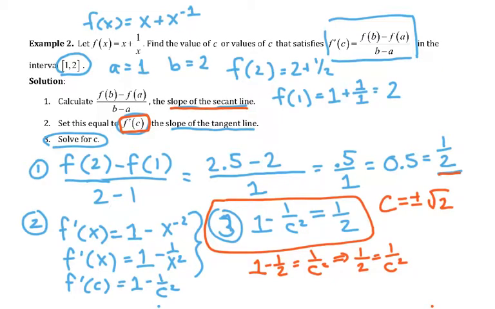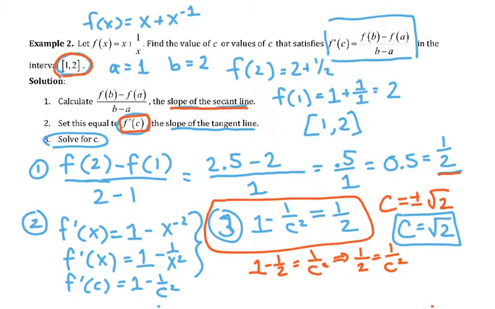However, we are looking for a positive number in the interval 1, 2. So we are looking for c equals the square root of 2. So that is where the instantaneous rate of change is equal to the average rate of change in this interval.